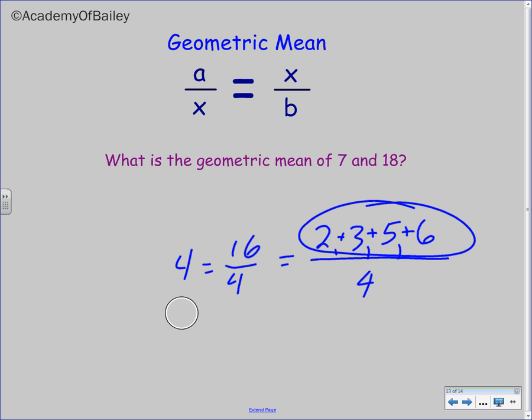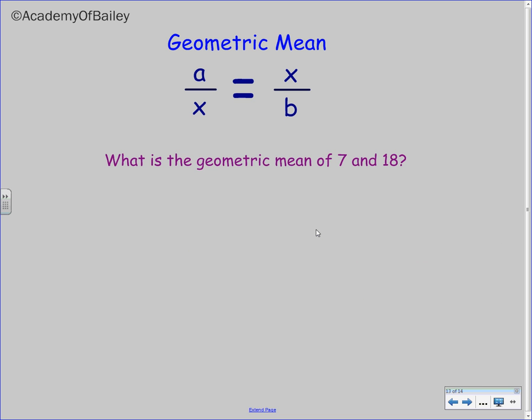Geometric mean is different. We're going to say, what is the geometric mean of A and B? Well, the geometric mean is this: A over x is equal to x over B. And then you just use your cross product property to solve for x.